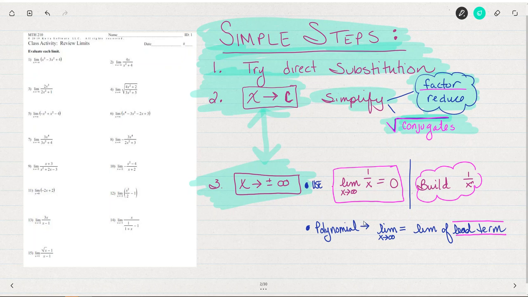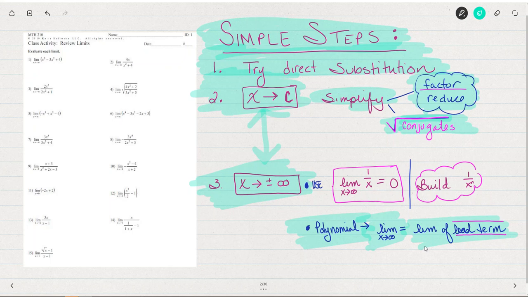Well, the easy case is going to be the simple polynomial. Remember this really basic idea: if we're taking the limit of a polynomial as x approaches infinity, that limit is going to be equivalent to the limit as x approaches infinity of the lead term.